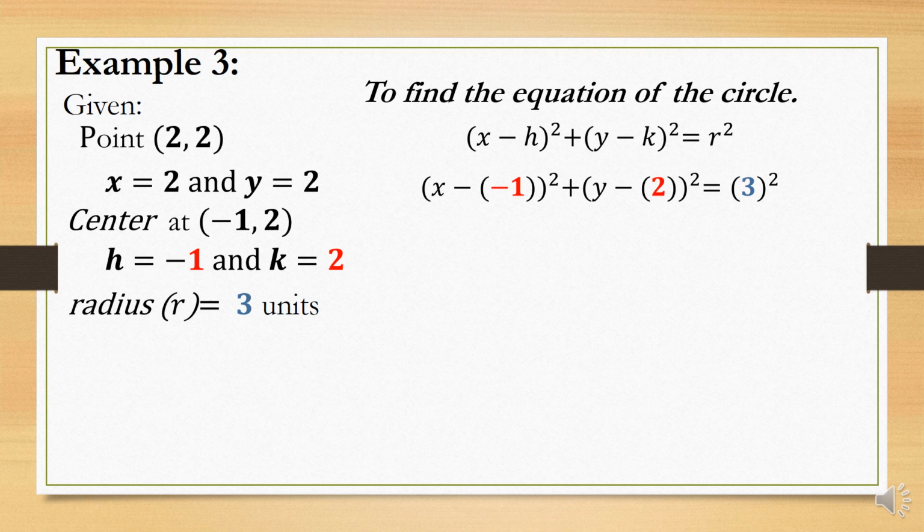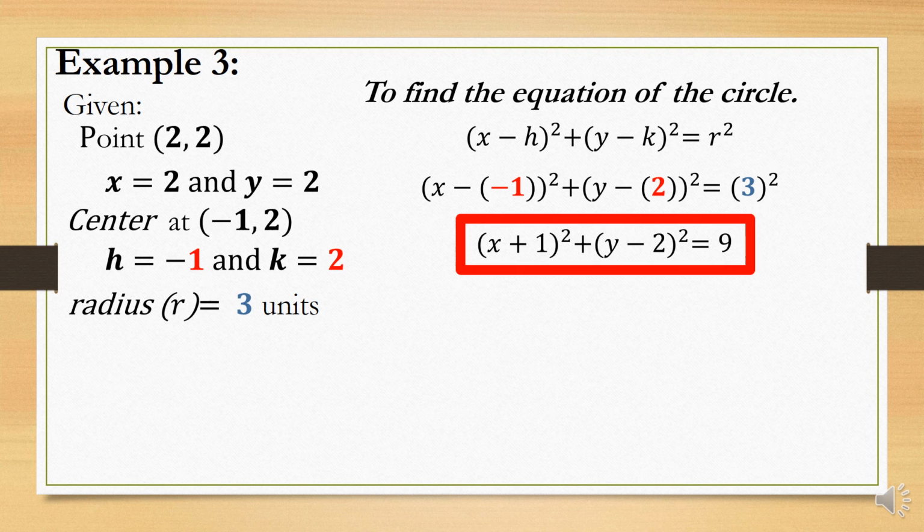So we have the quantity x minus -1 squared plus the quantity y minus 2 squared is equal to 3 squared. So we have the quantity x plus 1, since negative times -1 is equal to positive 1, squared, plus the quantity y minus 2 squared is equal to 3 squared, which is 9. And this is now the equation of the circle from problem number 3.